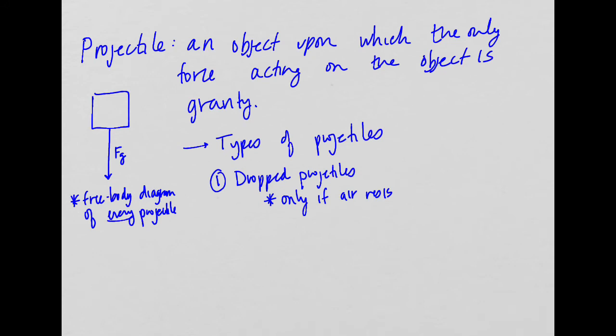I mean, it's always going to exist, but anyway, only if air resistance is negligible. So anything that's dropped, someone dropping a rock from a cliff, someone dropping a ball from their hand onto the ground, dropping a crumpled up piece of paper, anything that has negligible air resistance is considered a projectile.